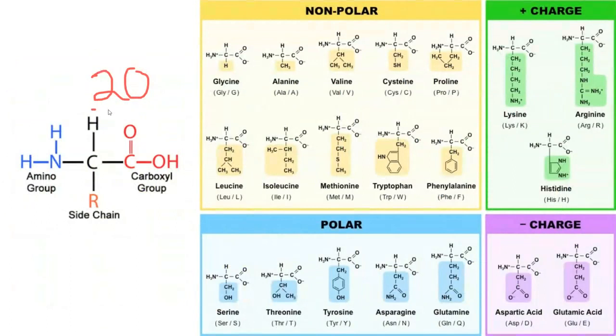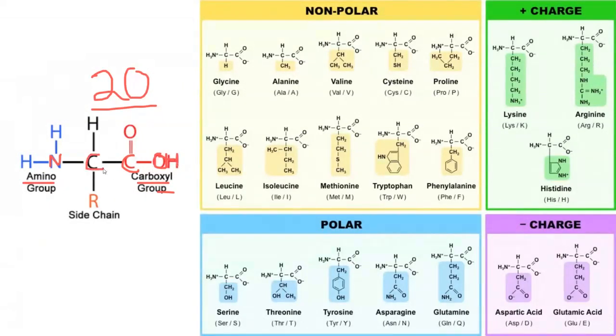Like I mentioned, there are 20 different amino acids, and there's nothing really more to say about this than what we talked about in the first unit when we talked about amino acids. Each amino acid is made up of an amine group, which is a nitrogen, and a carboxyl acid group, which is a carbon with a hydroxyl on it, okay?